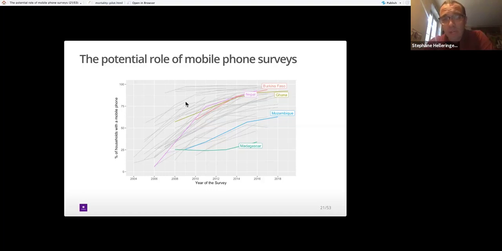And you see that in most countries, there's a clear trend towards very broad access, including almost universal access in countries like Burkina Faso or Ghana. And there are very few countries that lag behind this trend. One example that I highlighted here might be Madagascar. But through this mode of interview, we might be able to reach a fairly large number of population members and get data on large samples of deaths and recent events.